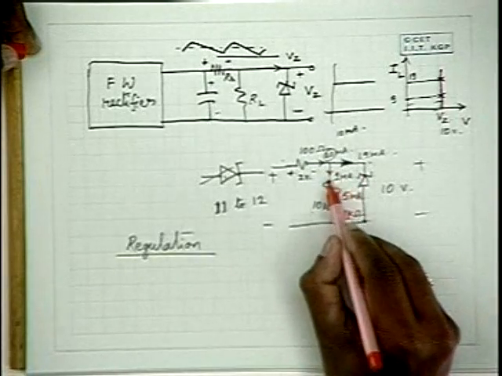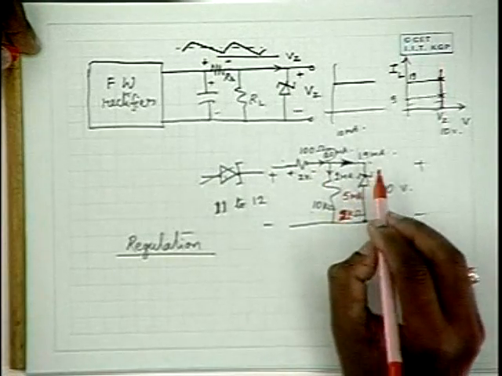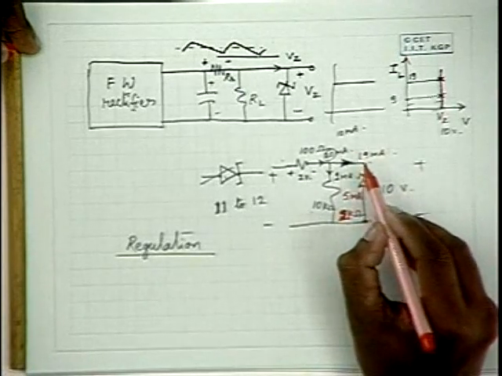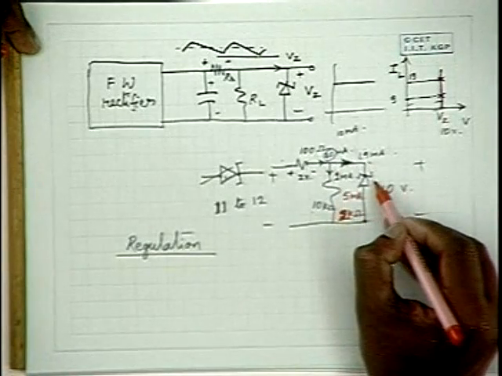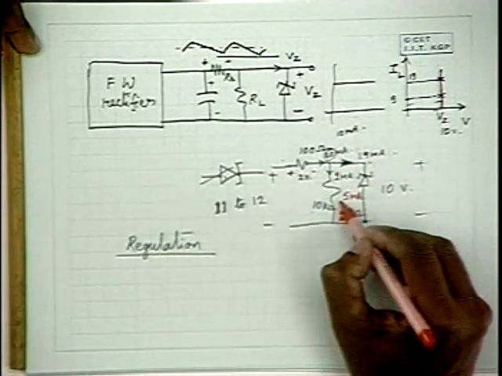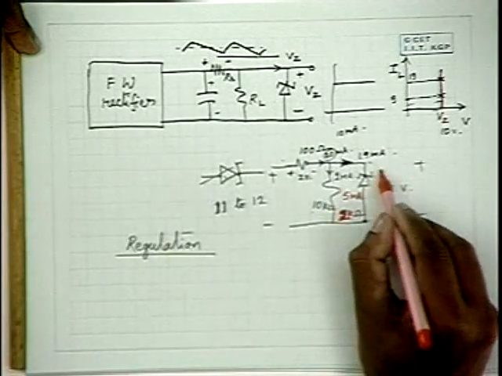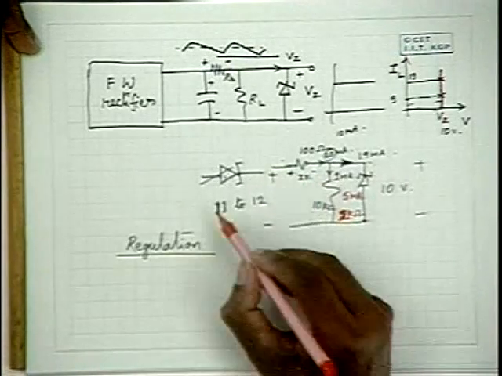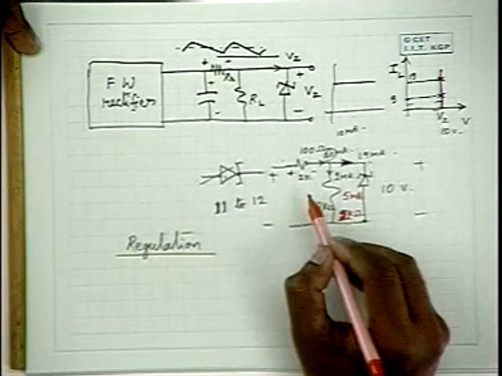Now, by increasing this load current, whatever current flows through the Zener, whether 19 or 9, it gets divided as 5 and 5 milliamperes, or 5 and 15 milliamperes. And still the voltage would be 10 volts, and the voltage drop across the series resistance would be 1 volt when the input is 11 volts, and 2 volts when the input is 12 volts.